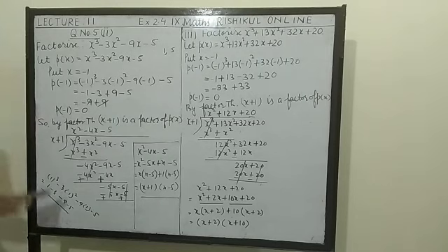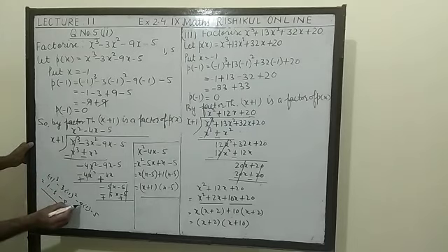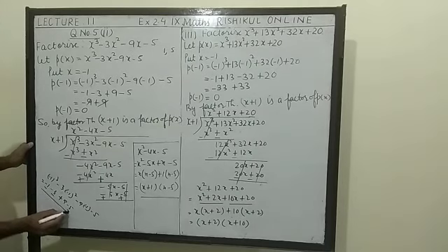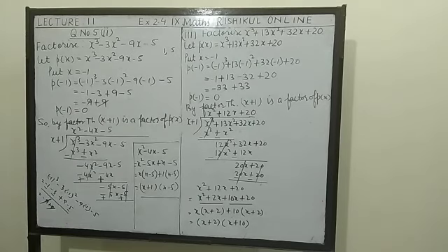So again you put minus 1: minus 1 cube, minus 3 into minus 1 square, plus 9, minus 5. That is minus 1 minus 3 minus 4 minus 5 minus 9 plus 9, and after putting x equal to minus 1, it becomes 0. You make it fair. It is your rough work.